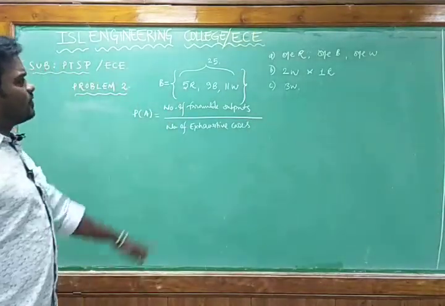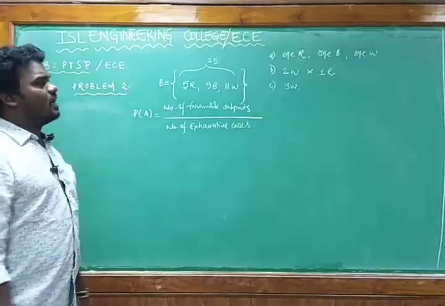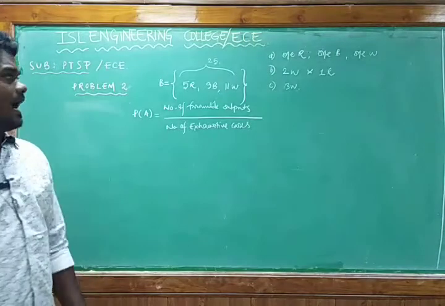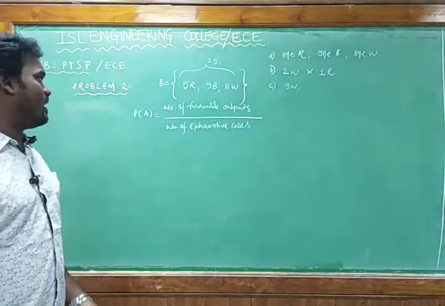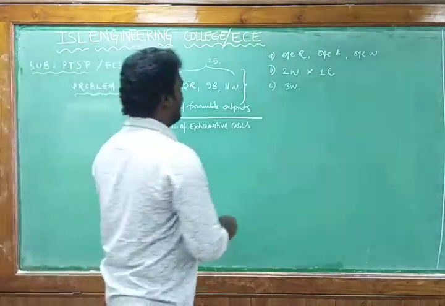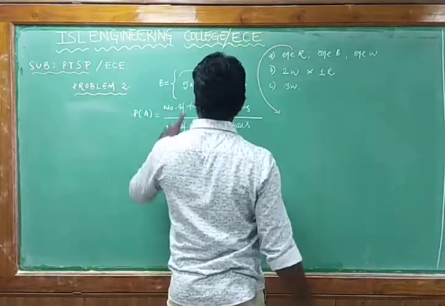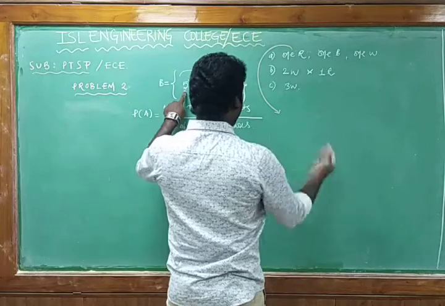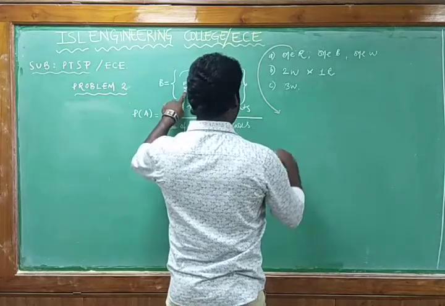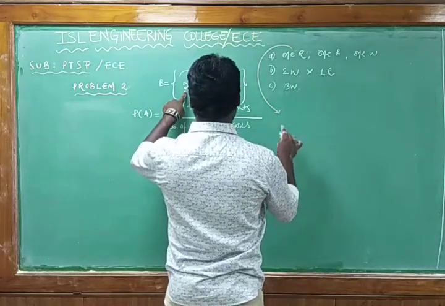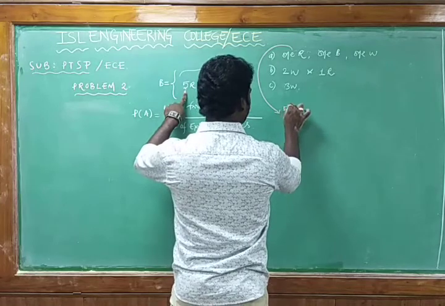Here we go with the first problem, 1 red, 1 blue and 1 white. I am going with the 1 red. How many red balls are there? 5 balls are there, from which we are selecting 1, so that is 5C1.